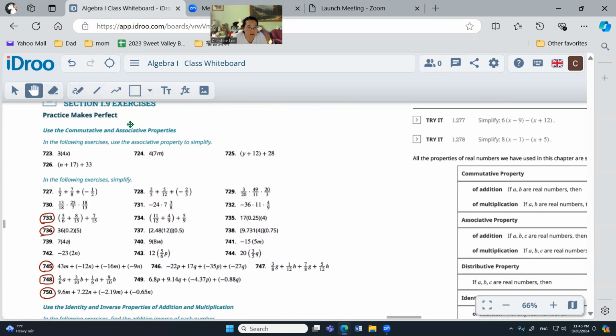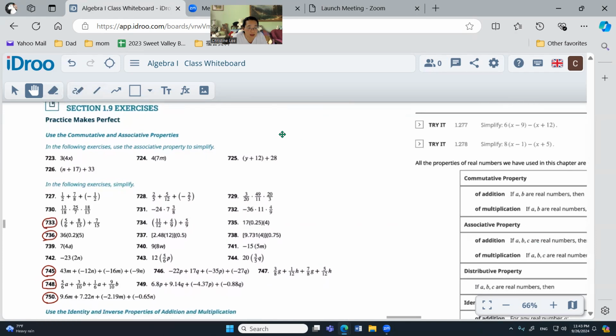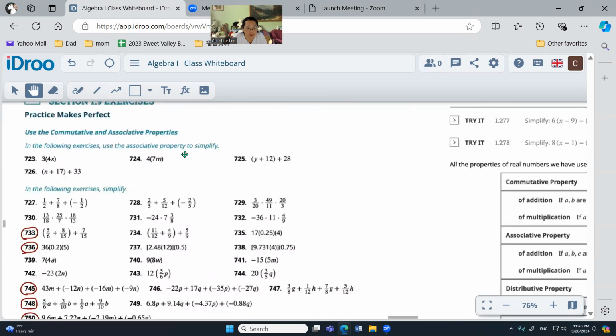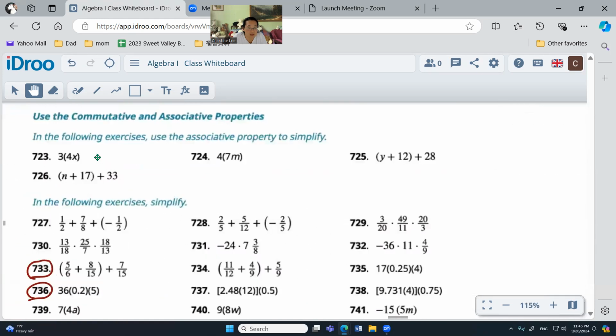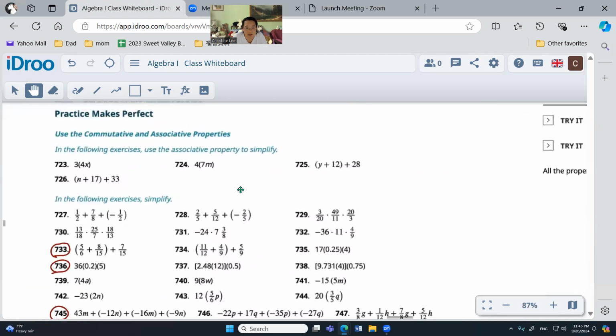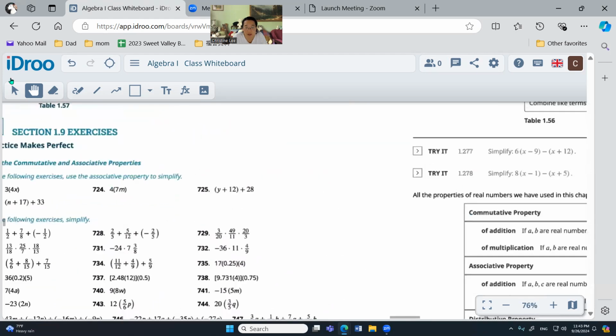Okay, so let's start. This is 1.9, and it's confusing for me to have all these terms, commutative and associative property. So it would be good if we write cheat sheets, make a note for ourselves.